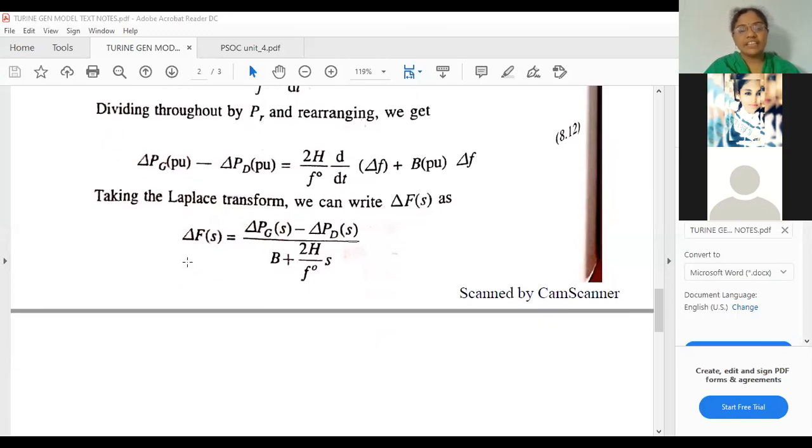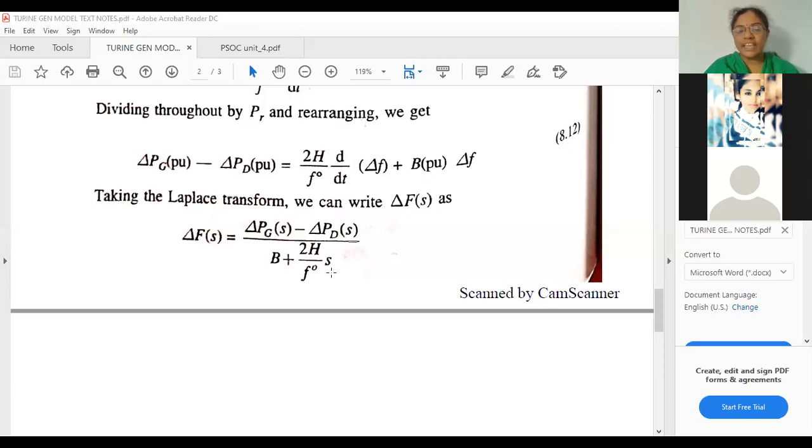And if you take the Laplace transform of this, then delta F(S) is equal to the Laplace transform of PG(S) minus PD(S), we took delta F common. So you get B plus 2H F naught S. Why is it S? Because d by dt is transformed to S in the Laplace transform.